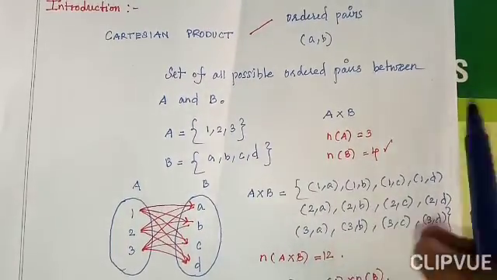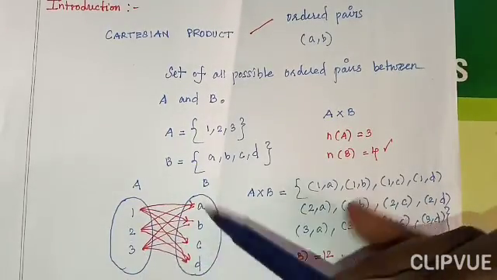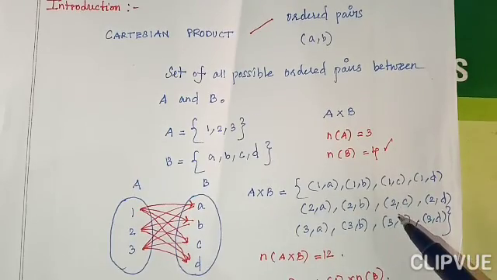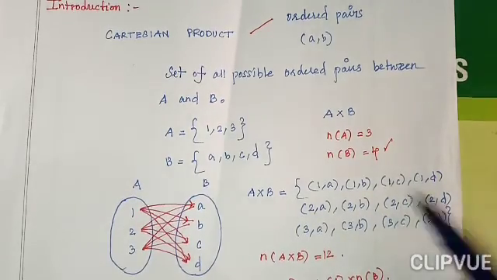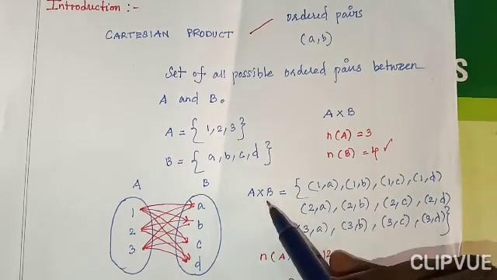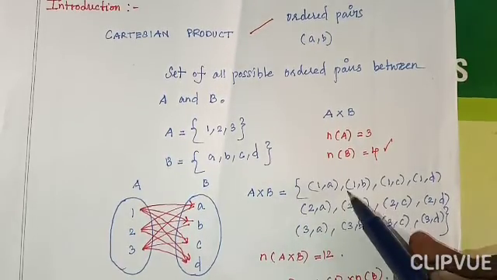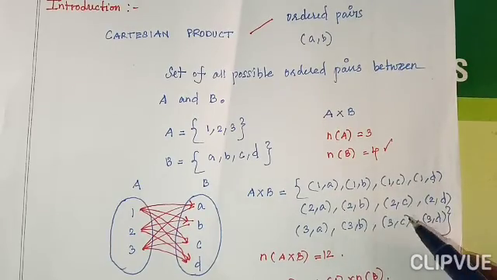What about B cross A? If you draw the first one B and the second one A, there will also be 12 ordered pairs, but they are not equal. If you write B cross A, it becomes (a, 1), (b, 1), (c, 1) and (d, 1), like that.